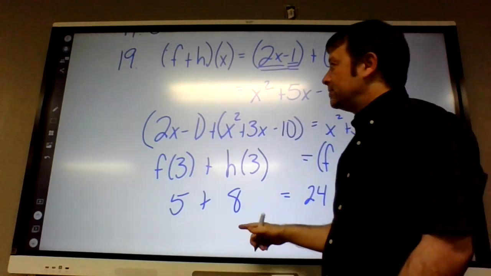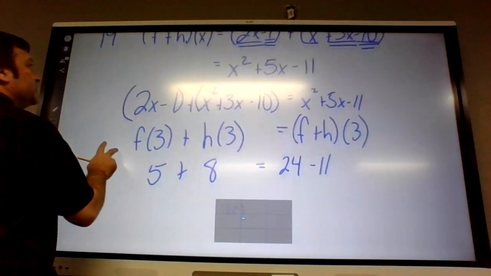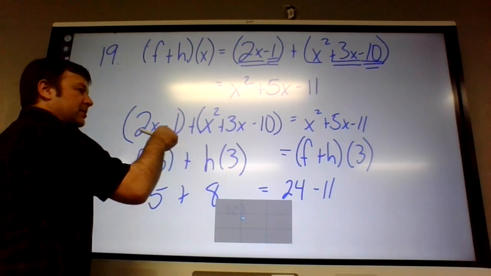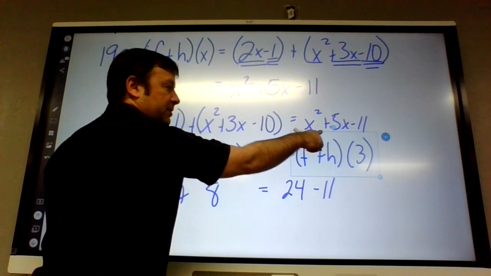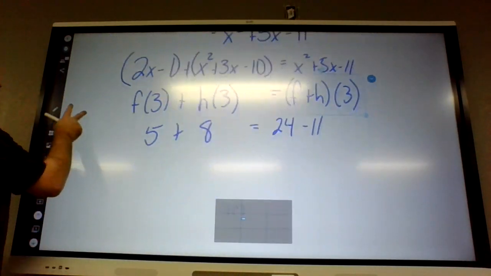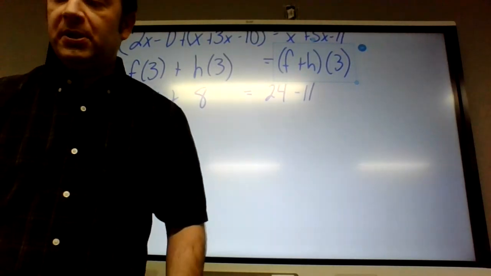They should all work, but they're just trying to show you the connection between plugging in 3 to the originals and adding together, and plugging in 3 to the simplified function. For the rest of these, we can just do the A part.